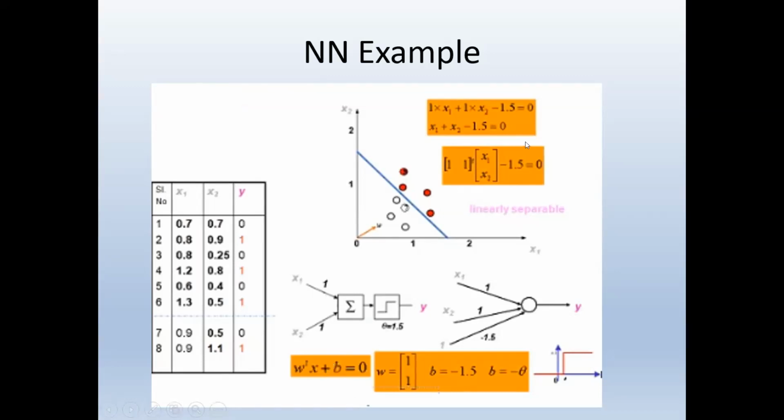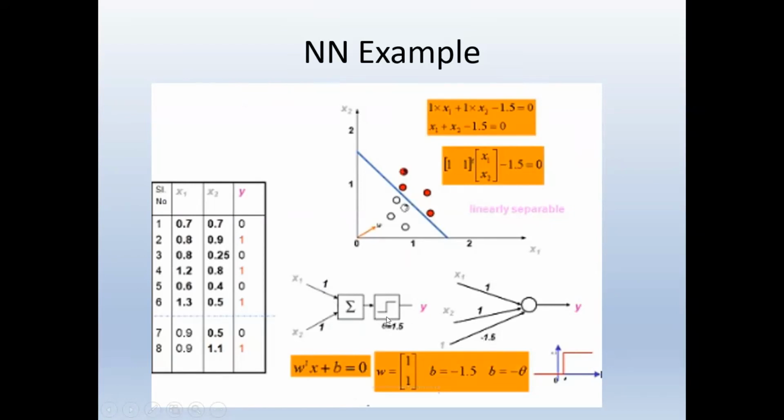So comparing this generalized equation with this one, I can confirm that the weights of the neural network I have achieved are 1, and the bias is minus 1.5. So this is the neural network architecture. Very easy. We have x1, x2, and 1 as inputs, because W1 and W2 are 1, and the bias I have kept as minus 1.5.